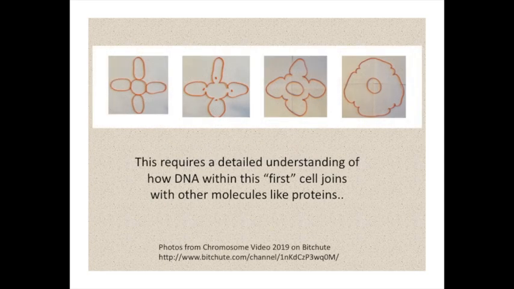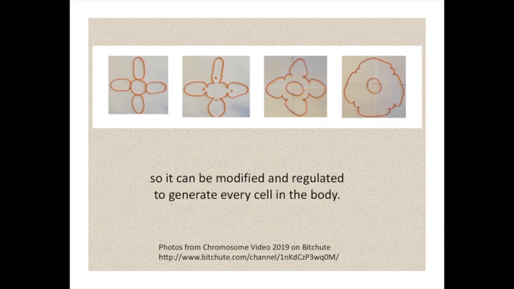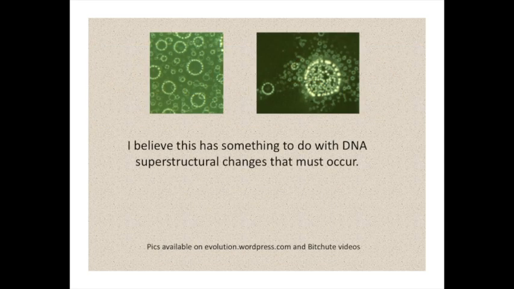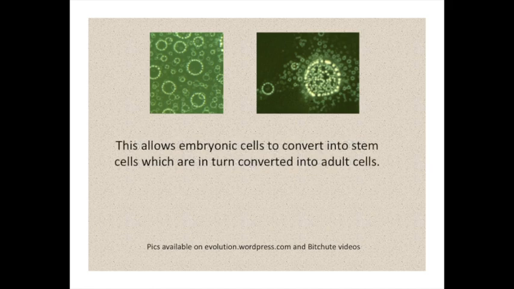This requires a detailed understanding of how DNA within this first cell joins with other molecules like proteins, so it can be modified and regulated to generate every cell in the body. I believe this has something to do with DNA superstructural changes that must occur. This allows embryonic cells to convert into stem cells, which are in turn converted into adult cells.